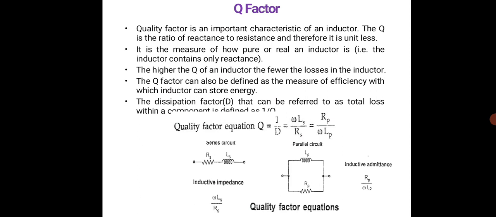The Q factor can also be defined as a measure of the efficiency with which an inductor can store energy. We have one more term introduced here, which is the dissipation factor D, which can be referred to as the total loss within a component, and is defined by the quality factor equation Q is equal to 1 by D.